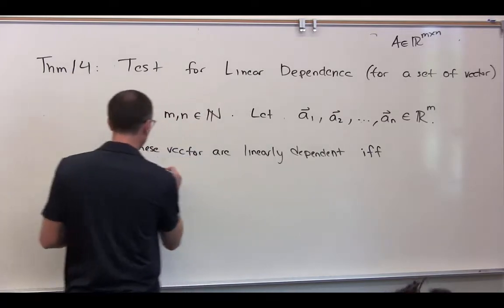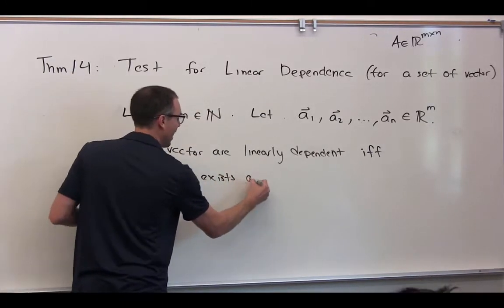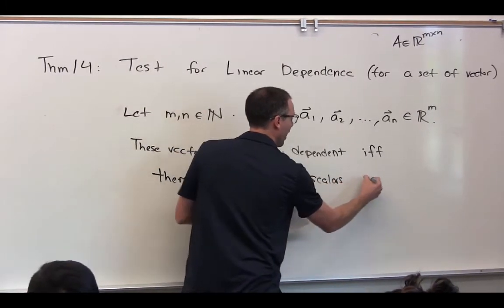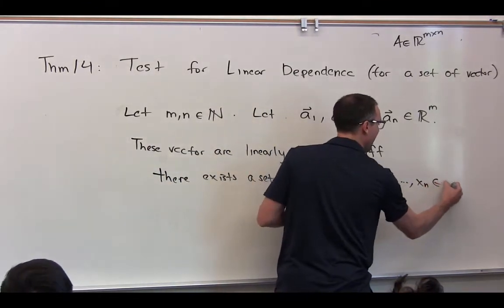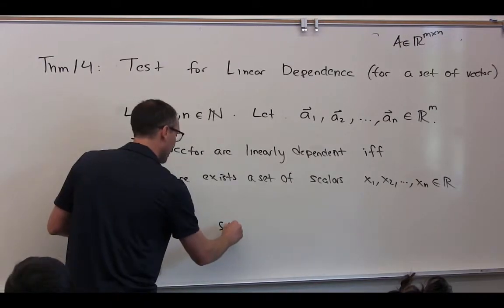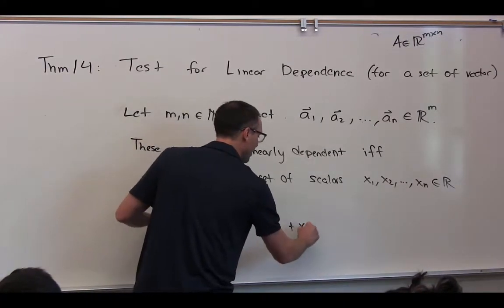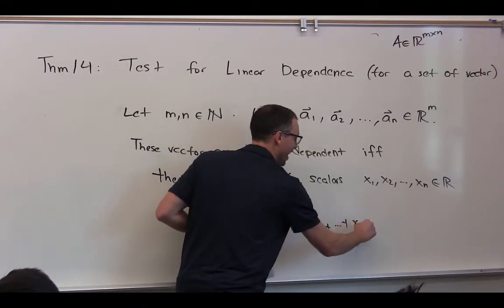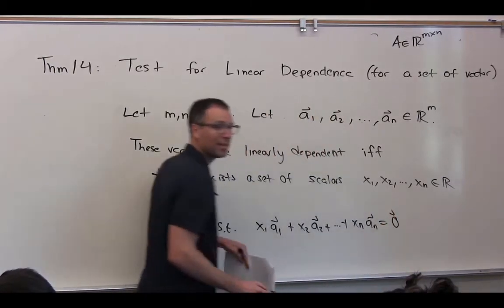There exists a set of scalars x1, x2, all the way down to xn, elements of R, such that x1 times a1 plus x2 times a2 plus xn times an is equal to the zero vector.